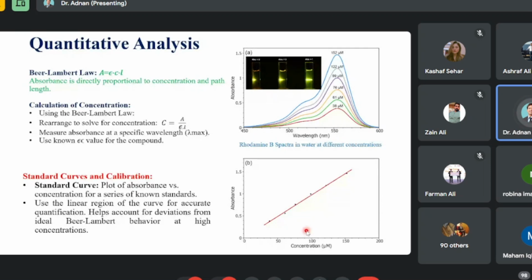Here is an example of rhodamine B dye at different concentrations. You can see 38 micromolar, 61 micromolar, 76 micromolar. And I have also given various cells having different concentrations of a substance.